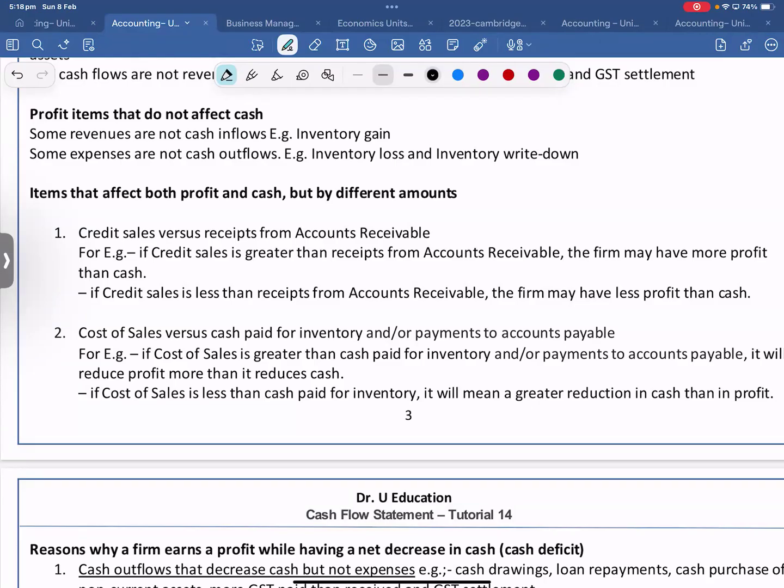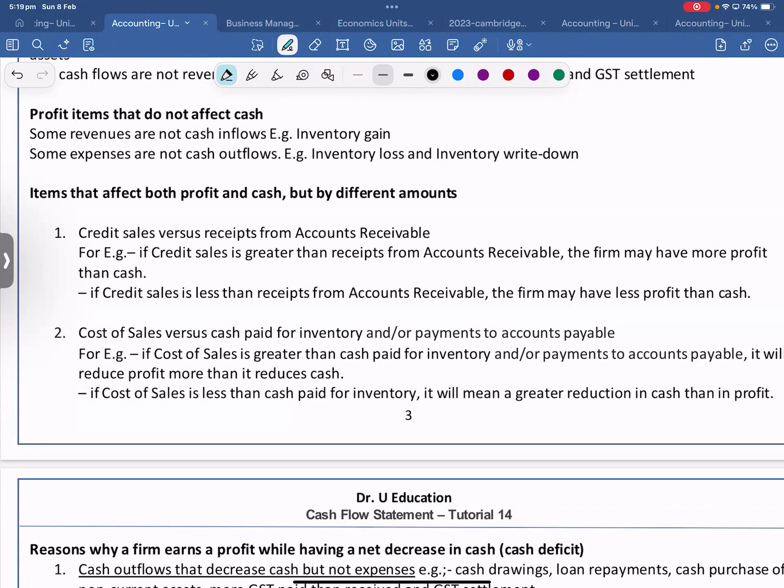So remember, guys, when you compare cost of sales with cash payments to inventory and accounts payable, you compare them as one, because even though there are two items for cash, there's only one item for the income statement.